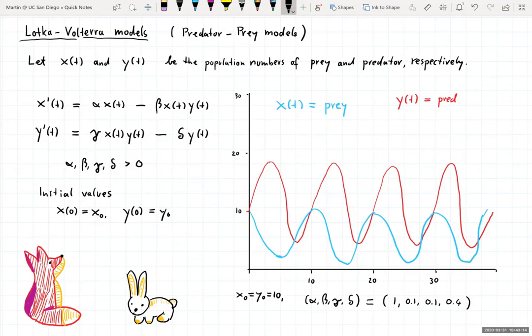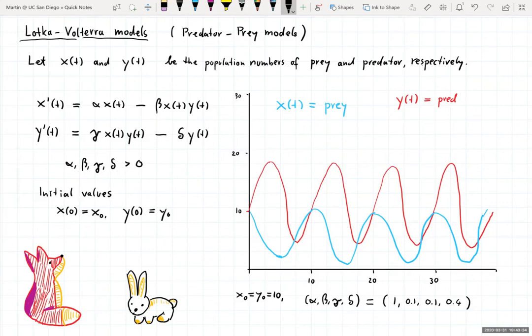And the second equation is y prime of t, the change of the number of predators at any time t, is equal to gamma times x of t times y of t minus delta times y of t.